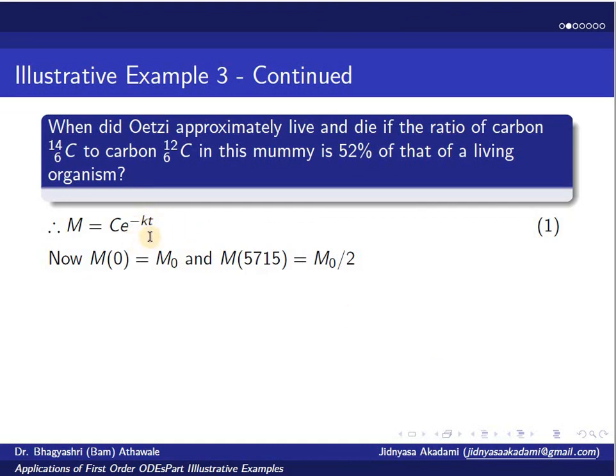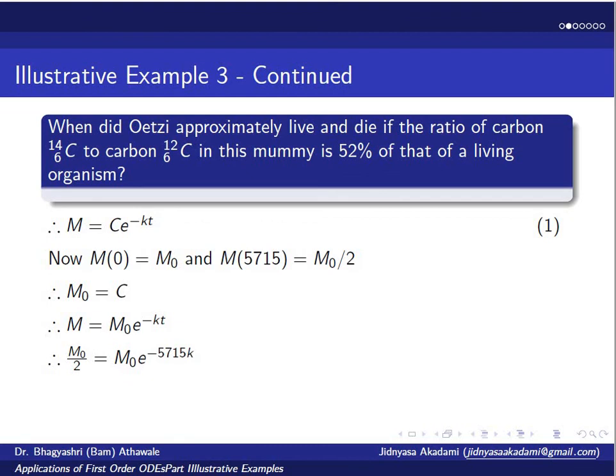See, if we put T equal to 0 here and M equal to M0, we get C is equal to M0. And therefore M is equal to M0 e raised to minus KT. Put T equal to 5715 and M is equal to M0 by 2.